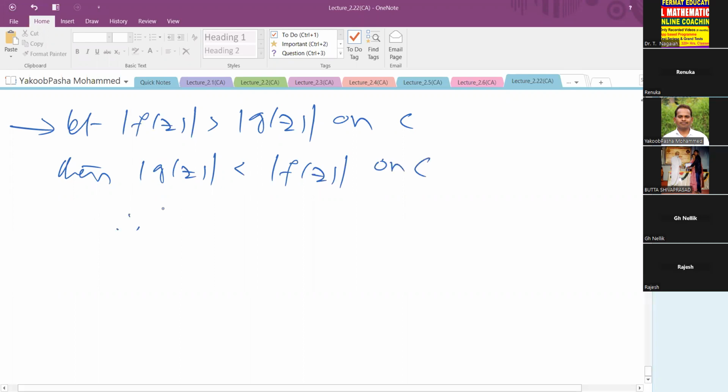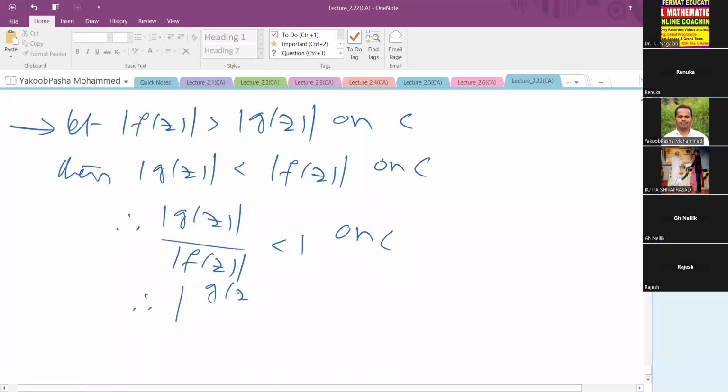So we can write it as modulus of g of z divided by modulus of f of z is less than 1 on C. And we have to choose g of z and f of z such that modulus of g of z by f of z is less than 1. ఇలా అయ్యేటట్టుగా చూస్ చేసుకోవాలండి.